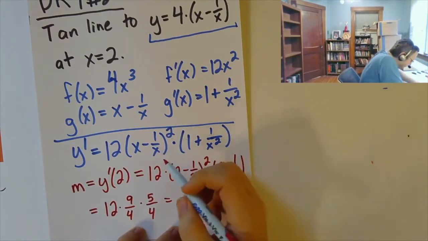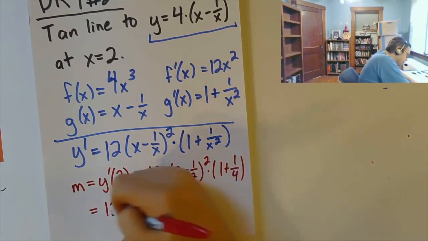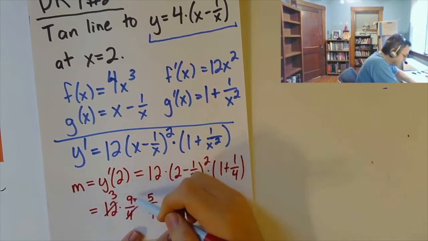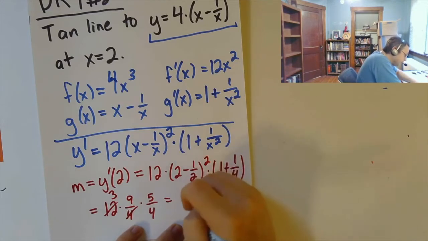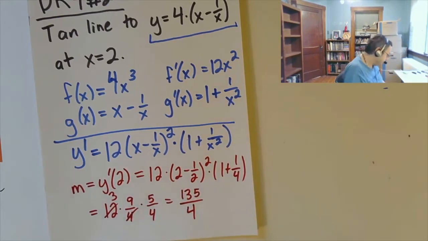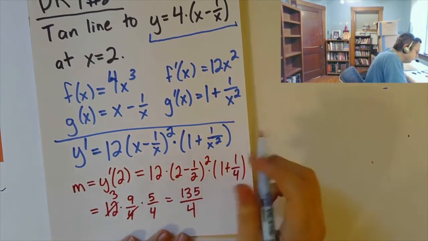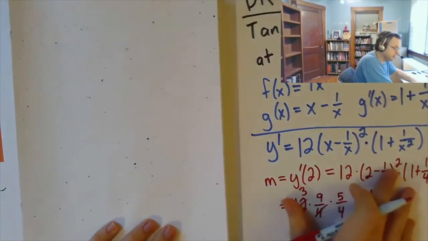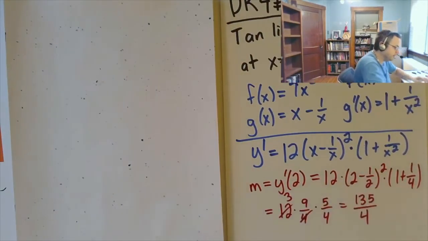Okay, which is going to be just 3 after I cross that out. So 3 times 9 is 27, times 5 is 135, so this is going to be 135 over 4. 27, yeah, okay. I agree with myself, which is good. Okay, we'll slide this over here and continue on the next page. So that's our slope.